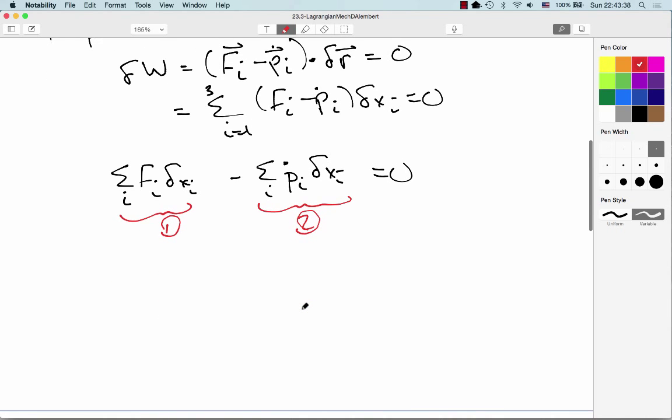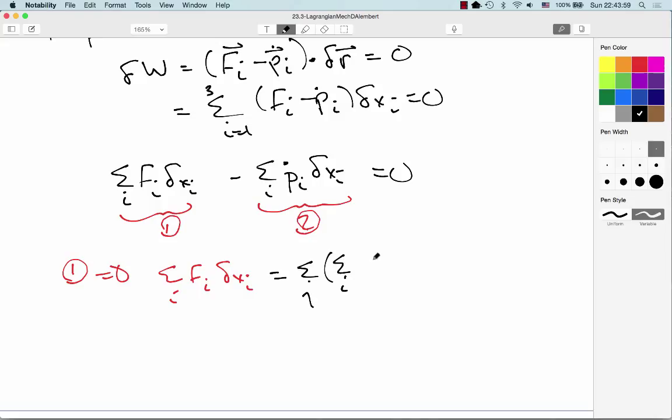From what we've done before, we can take our term 1, the sum over i of Fi delta xi, and say that that is going to be the sum over j, sum over i of Fi partial xi partial qj, so now we're switching to generalized coordinates, times a virtual displacement in the generalized coordinate.